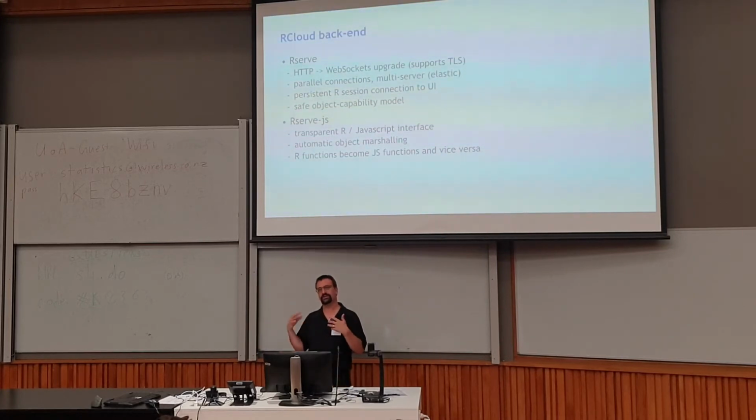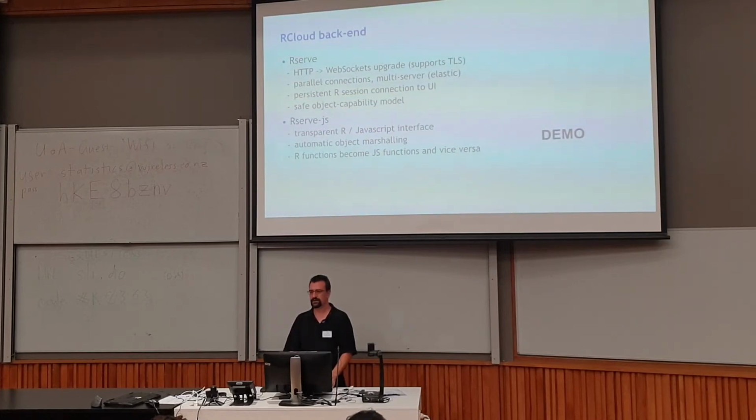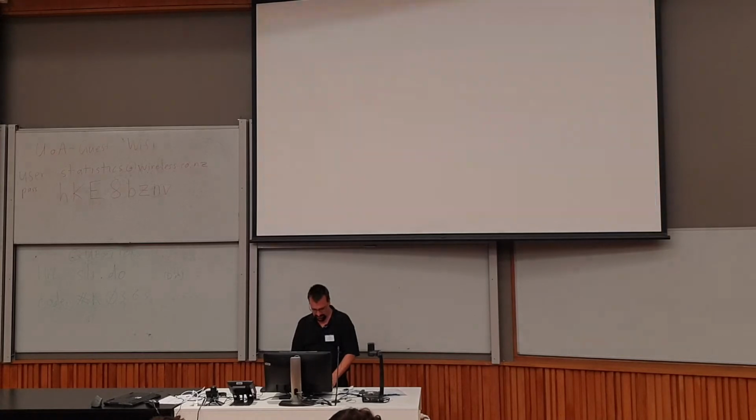We do all the marshalling of objects and all the complicated things. What this gives you behind the scenes is that you can pretty much use any JavaScript visualization natively directly from R Cloud, and no one needs to write any special code or bindings for that code. You can just call it directly. Depending how much time I have, maybe I'll give a very quick demo of that.